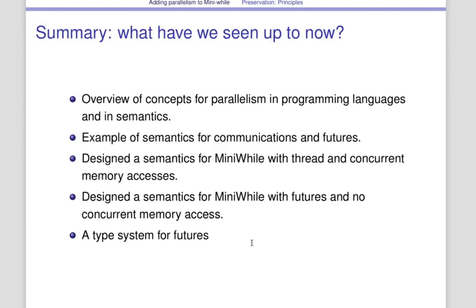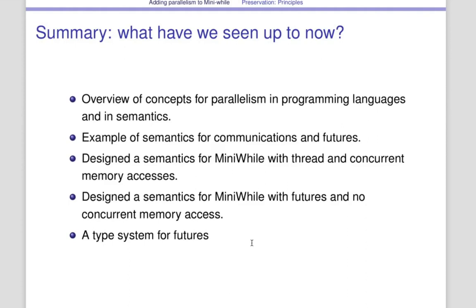So overall, now we have seen an overview of concepts for parallelism in programming languages and semantics of parallelism in programming languages. We have seen a couple of examples of semantics for communications and futures that can be considered as two possible basic semantics you can encounter for parallelism.